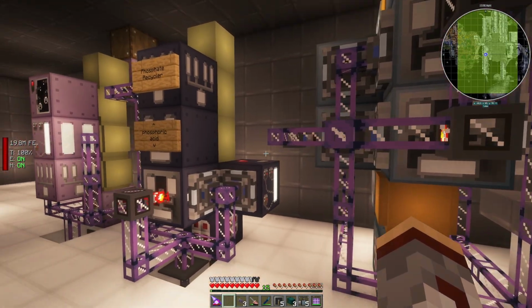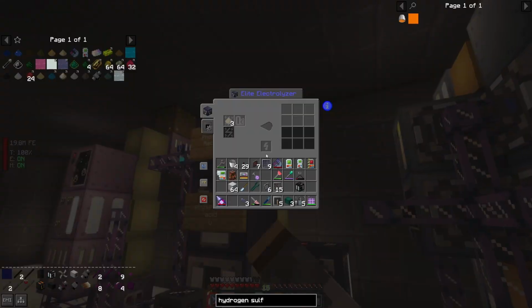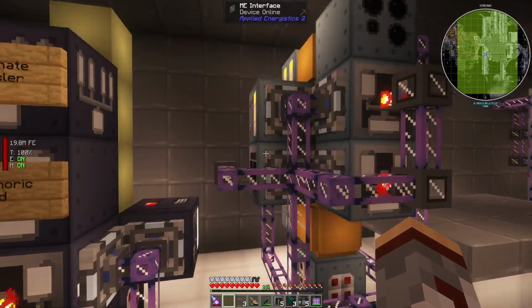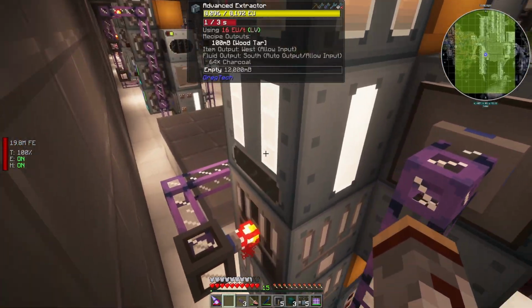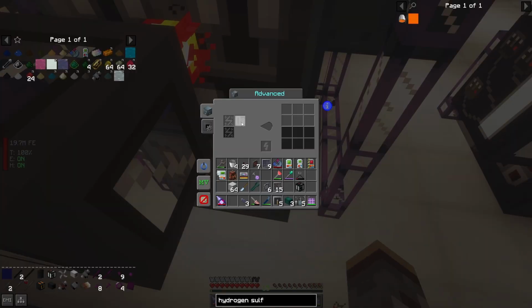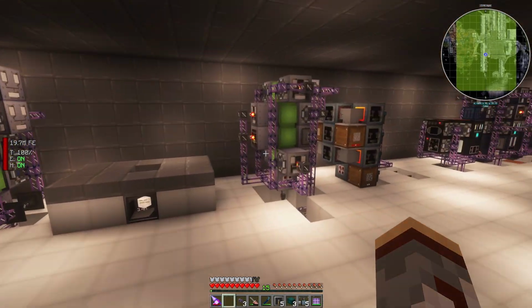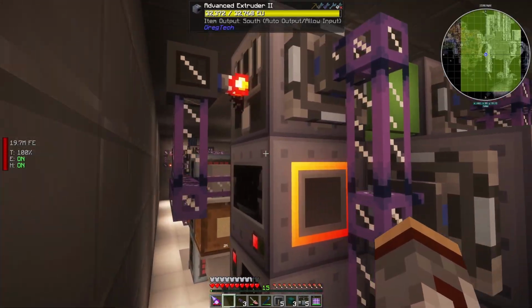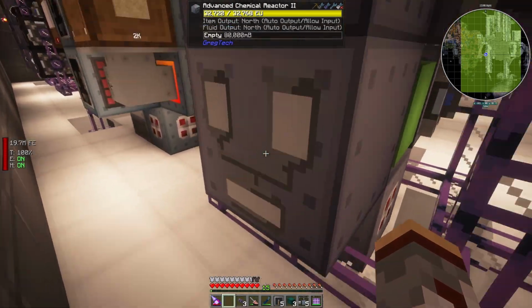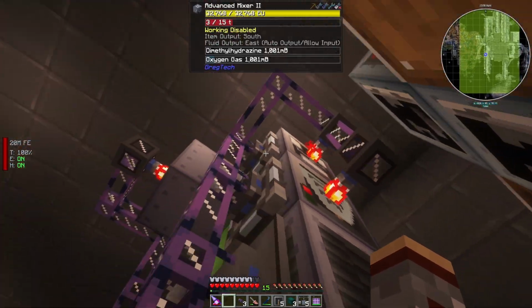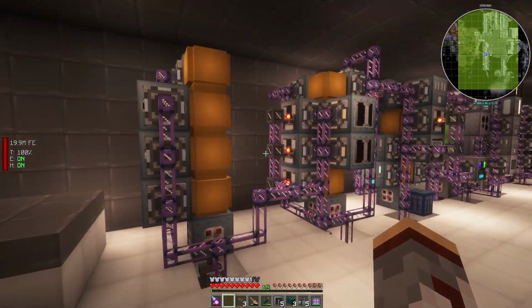It's probably going to be an electrolyzer, but where is the question? Let's see. I might need to take a little pause and go find it and adjust it.